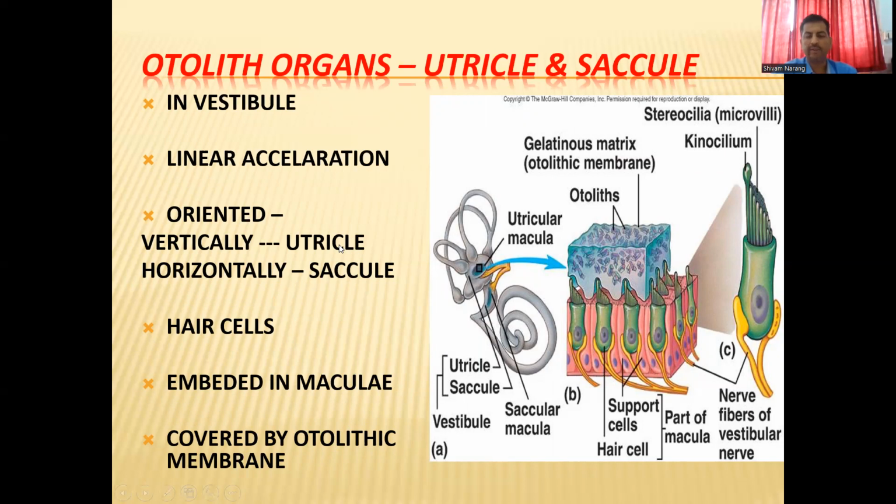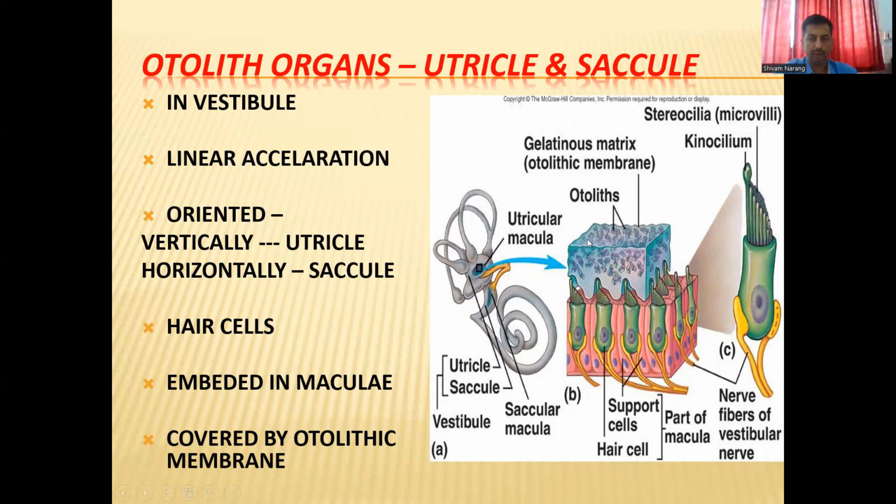Again, the main sensory input is taken by the hair cells. The structure is the same as in the semicircular canals, just that these hair cells are embedded into the macula, and that macula is covered by an otolithic membrane. Here in this picture, we can see the hair cells and the otolithic membrane, which consists of embedded calcium carbonate particles.